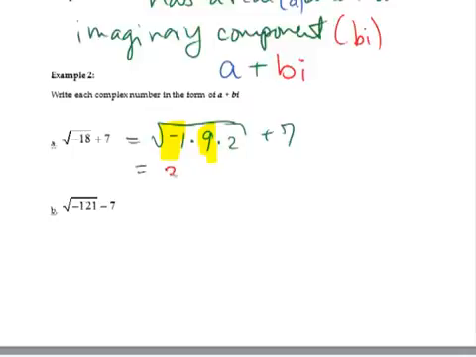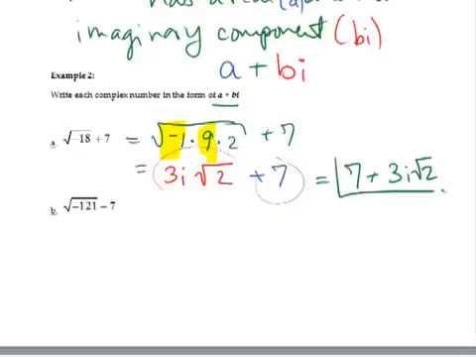So we will have 3i, and then the root 2 stays behind, plus 7. Again, this one is attached to the i, so that's the imaginary part, and the 7 is just a normal number, so that's our real part. To write this in the correct format, we will say 7 plus 3i root 2.